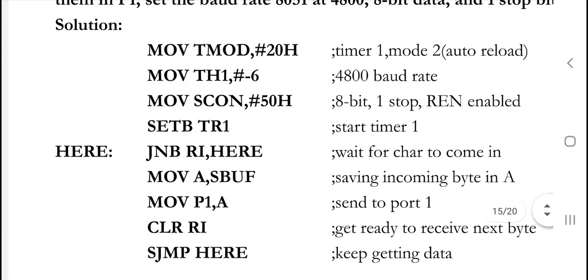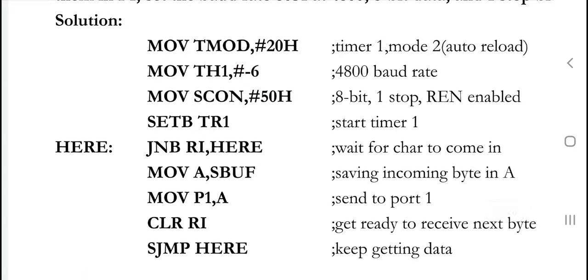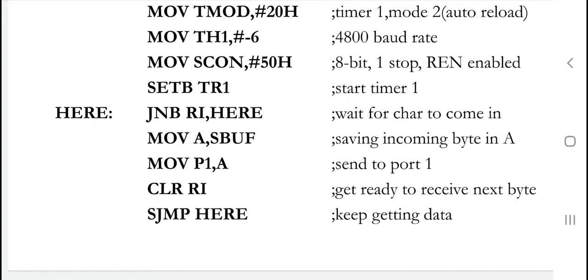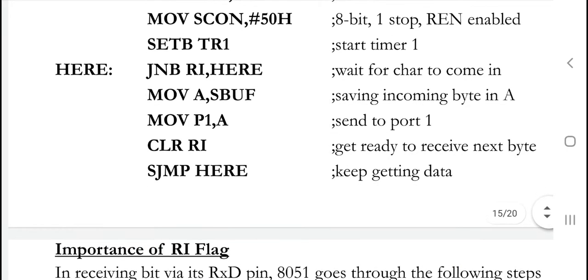Over there we sent the character, here wait for the character to get into the serial register, and once this byte comes to SBUF, move it into the accumulator and then to some port, because we can see only the port register contents. So move it into some port and then clear the RI, the receive interrupt flag, for getting the next character, and so keep getting the data by giving a jump instruction here.